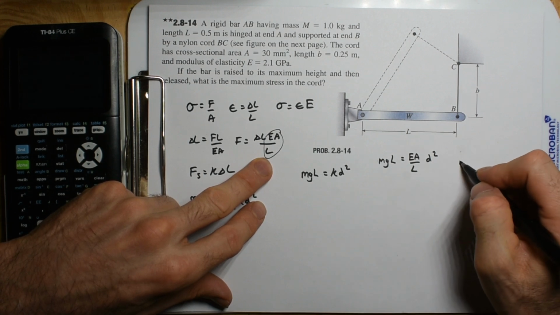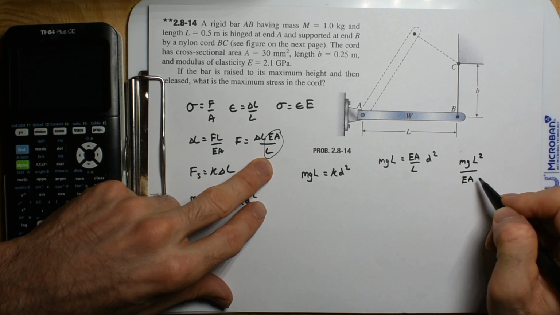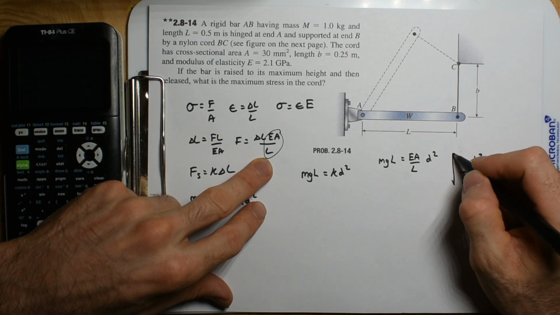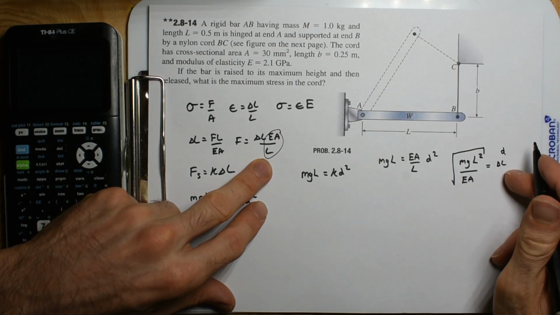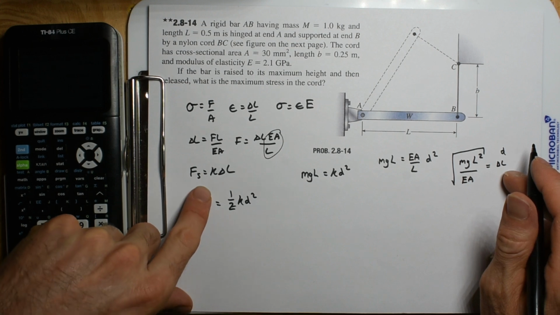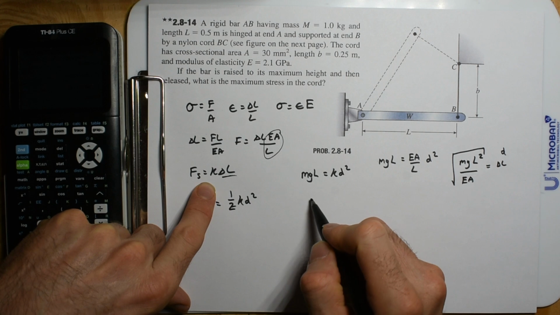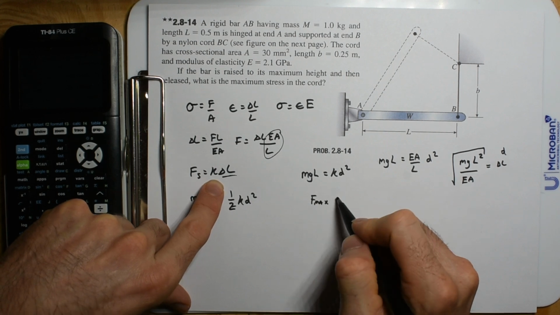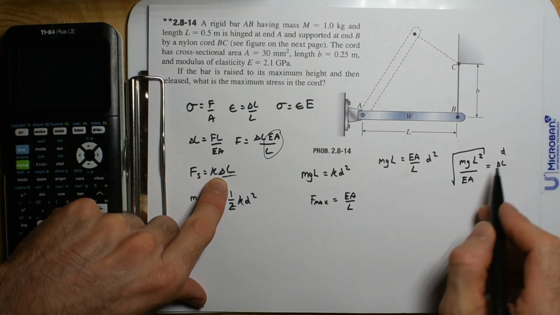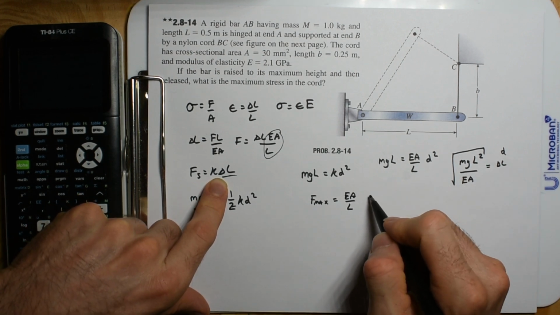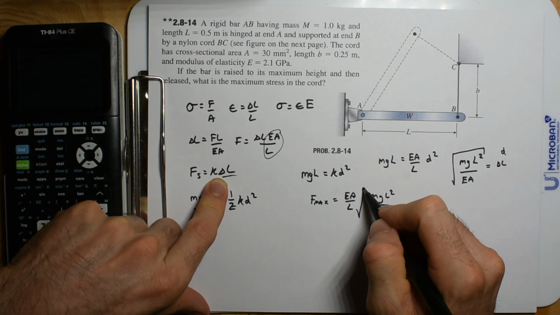The L pops up there, and we're going to get MGL squared divided by EA. Square root of it, well, that's change in length. That's D. Okay, and then we would find the force by throwing D into this equation. So we would have force max is K, which is EA divided by L, times the change in length, which is the square root of MGL squared over EA.